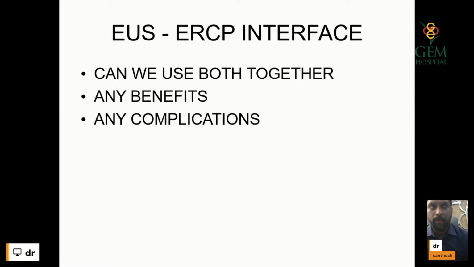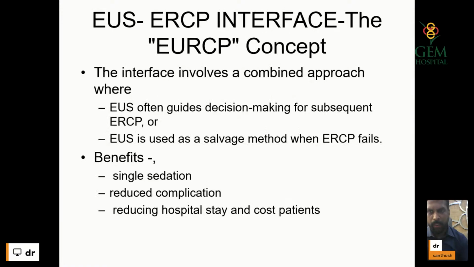So, is there any role for both as a combined procedure? If so, when can we use it, what are the benefits, and are there any complications? With this combined approach, there is a concept called EUS-ERCP, where we use both modalities.